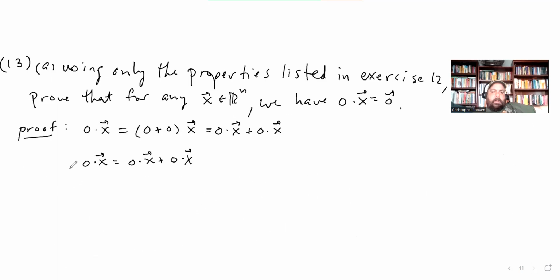we can take, on the left-hand side, minus 0 times x plus 0 times x. And same thing on the right-hand side, there should be an equals here. Minus 0 times x plus 0 times x plus 0 times x.